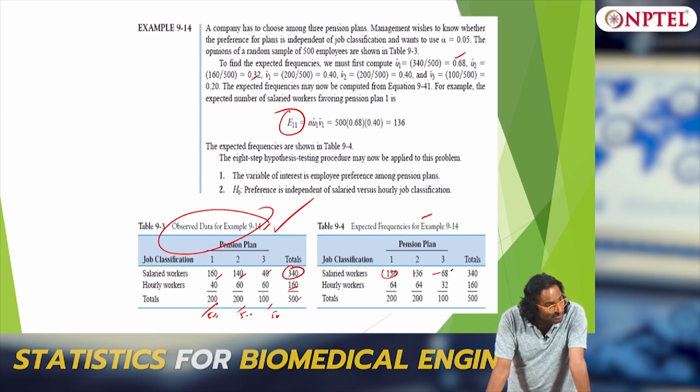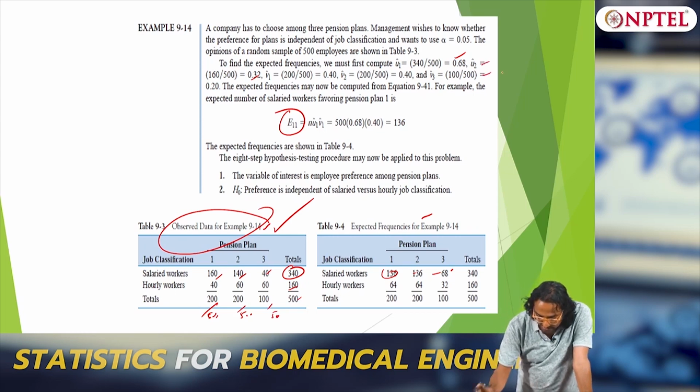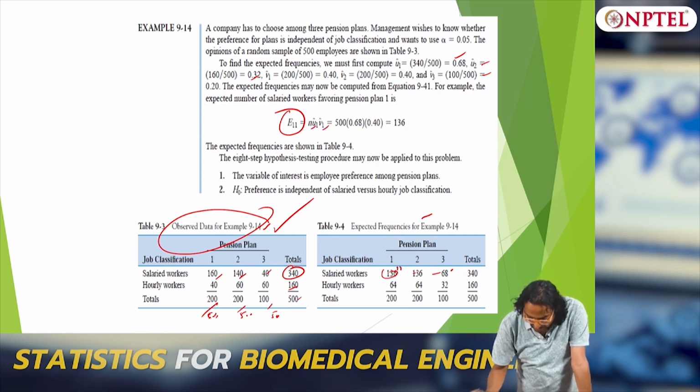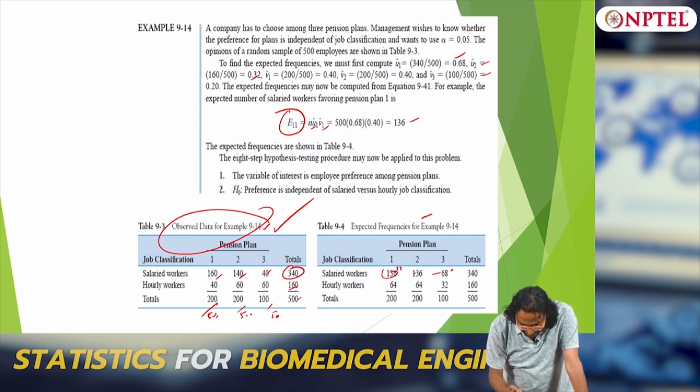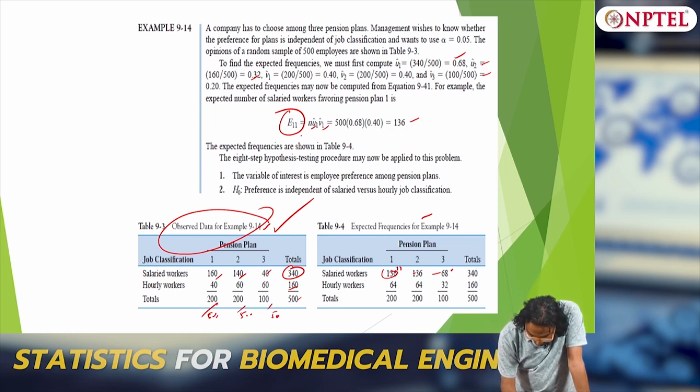So now these are my things, and then what is the expectation of 1 comma 1? u1 hat into v1 hat into n, so that is how I get 136. I can do this for the second one, u2 hat, v2 hat. What is that? That is this diagonal, 2 comma 2.